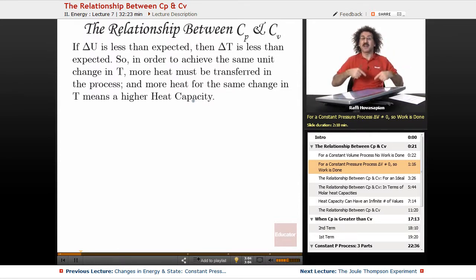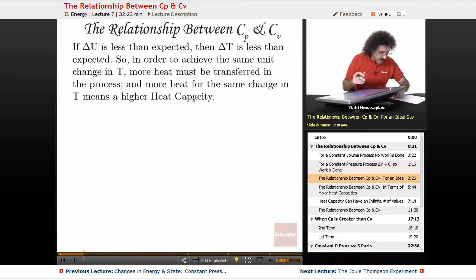Therefore, my constant pressure heat capacity is greater than my constant volume heat capacity. Under conditions of constant pressure, I have to put in more heat to achieve the same 1 degree change in temperature. That's the qualitative reason, so you should be able to understand intuitively why it's true.